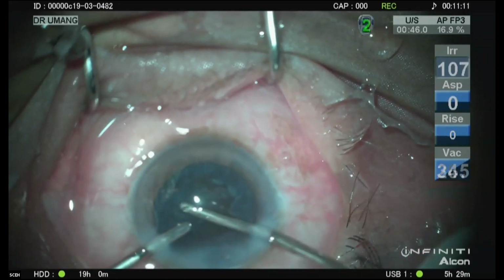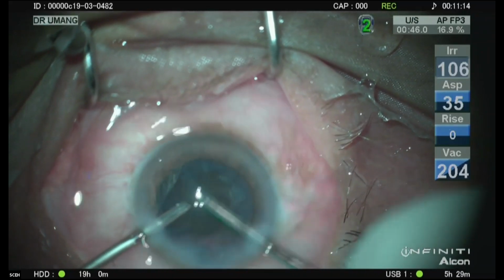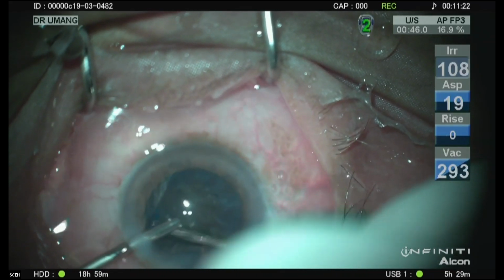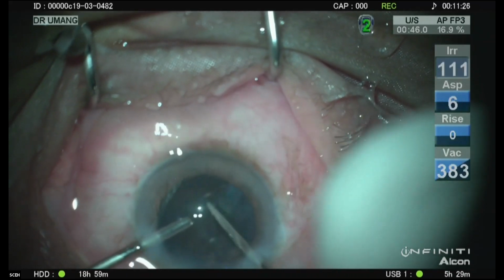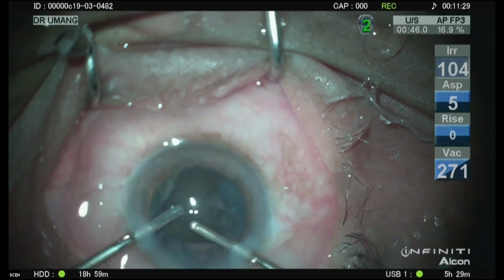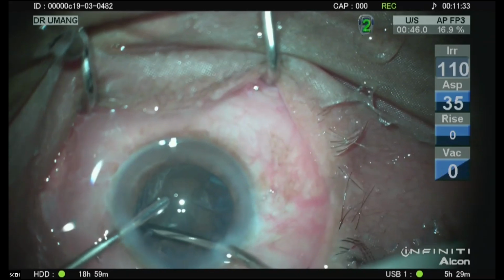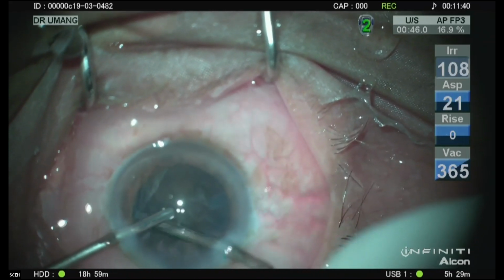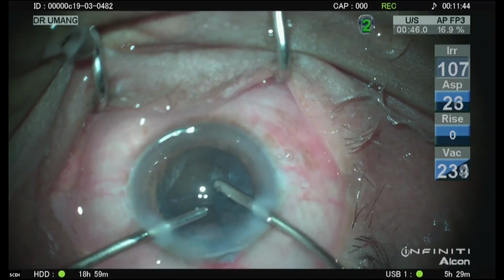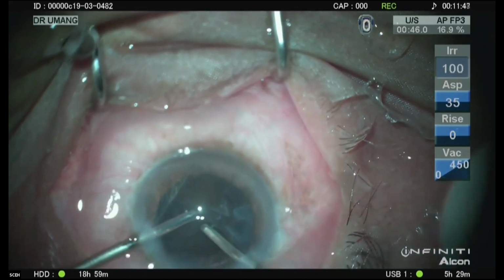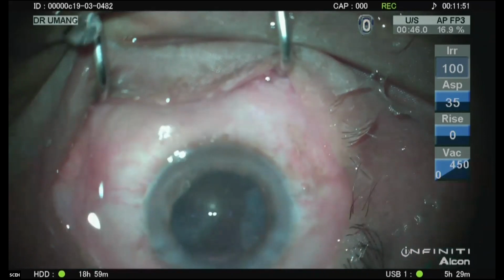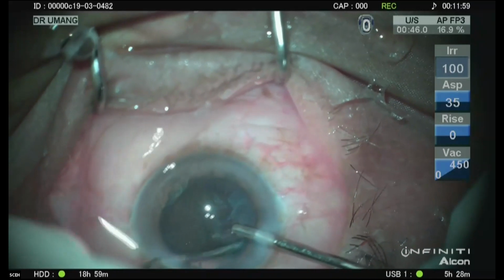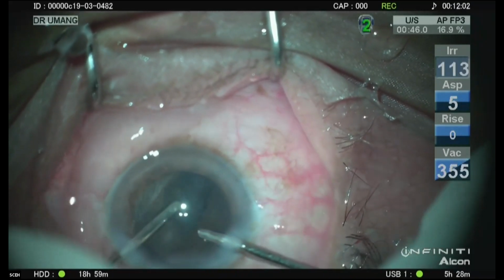So the advantage with bimanual is that you can access the cortex from a safe angulation by interchanging hands.